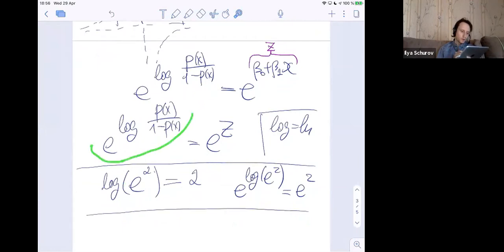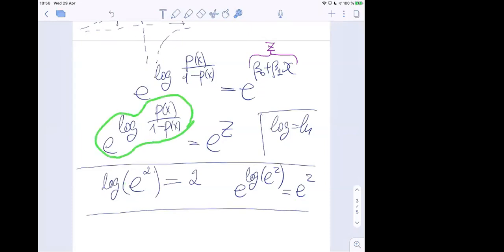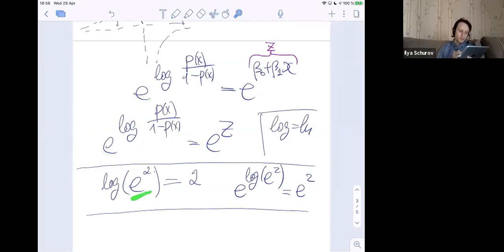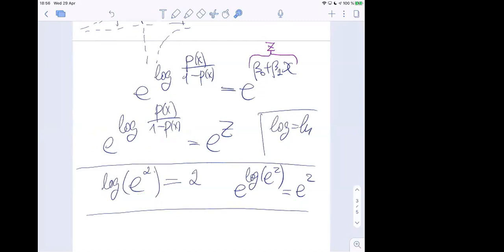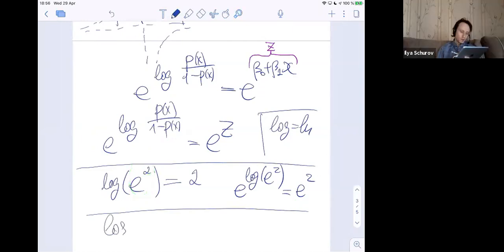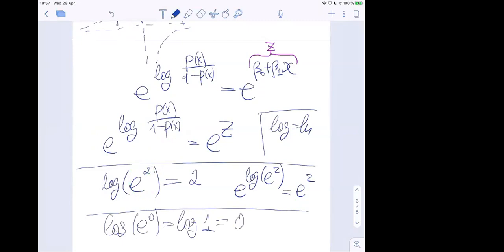Now let me repeat the question about this thing. How can I simplify this thing? Is it still true if here we have 0 instead of 2? Yes, sure. Logarithm of e to the power 0 is logarithm of 1, and logarithm of 1 is 0.